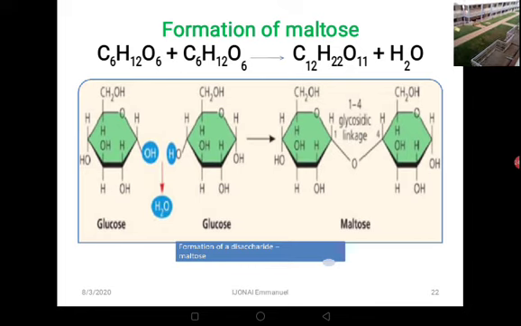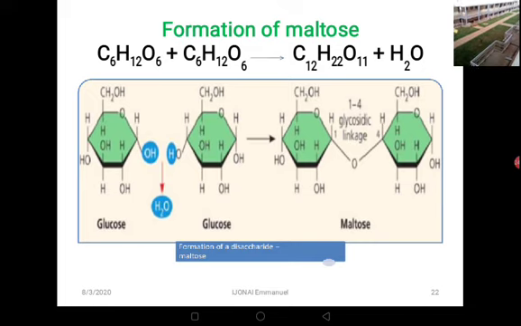Let's look at the formation of maltose. You can see two glucose molecules, C6H12O6 plus another C6H12O6, to form C12H22O11 plus water. So that C12H22O11 is maltose. And when you look at the structure of the reaction down there, you can see glucose plus glucose.